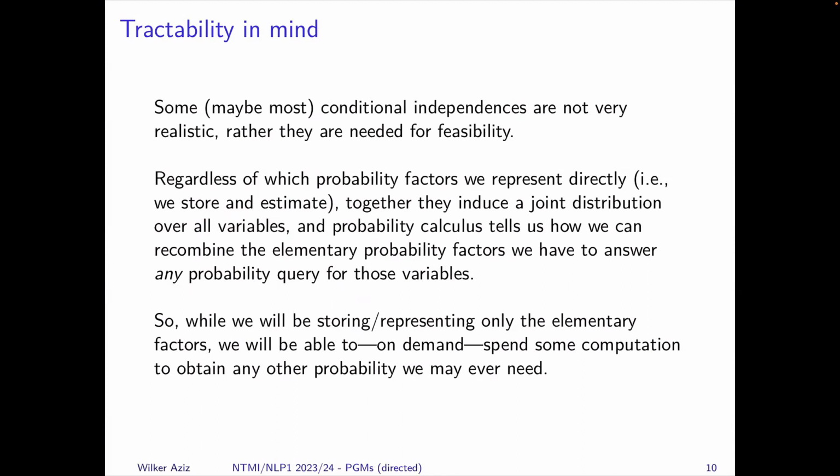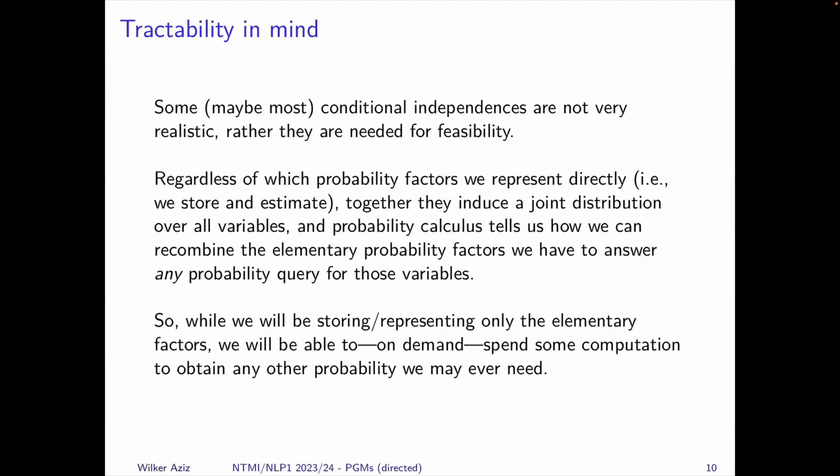Maybe natural language is such that what you wrote 5, 6, 7 words ago matters for determining the next thing you might write. But feasibility and tractability will often be a big consideration, and it will often motivate conditional independences that you might not believe in.